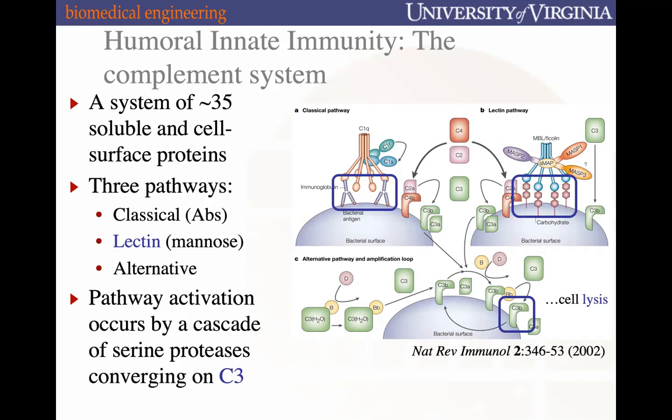So you can have the classical pathway followed by the alternative, you can have lectin followed by the alternative, or all three can be happening at once. But the main takeaway is to think about what triggers them. So lectin is triggered by mannose binding lectin. The classical pathway is triggered by antibodies, and the alternative is an amplification loop that is triggered by one of the other two.